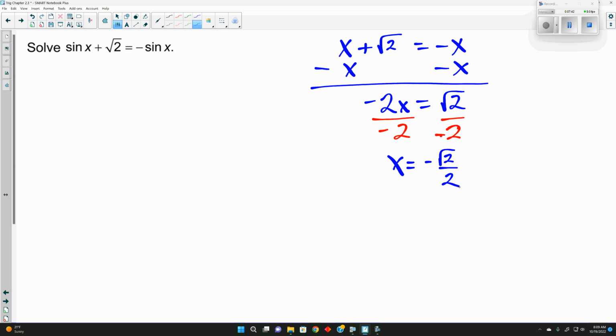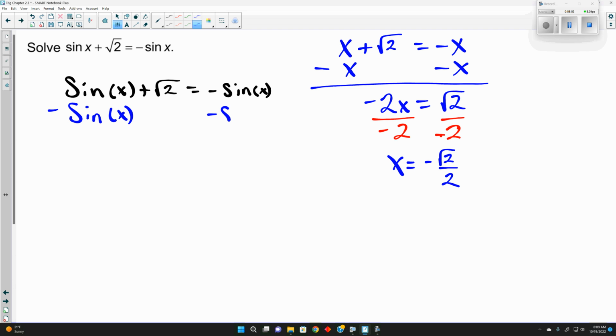So when we look at this here, we can do essentially the exact same thing. Because I'm going to rewrite it. The first thing I can do is subtract sine of x from both sides.